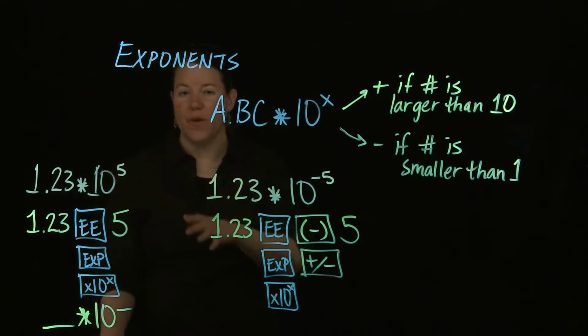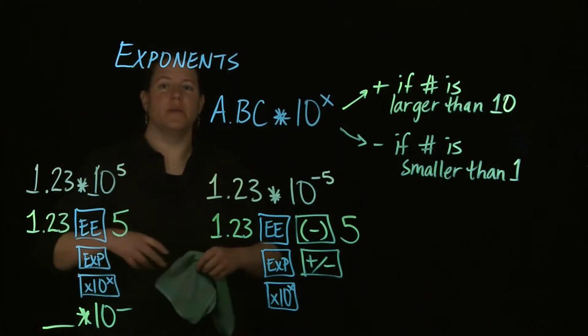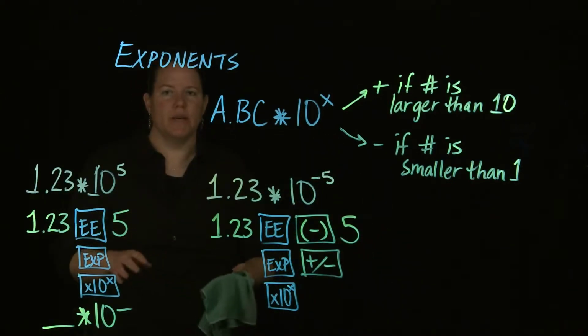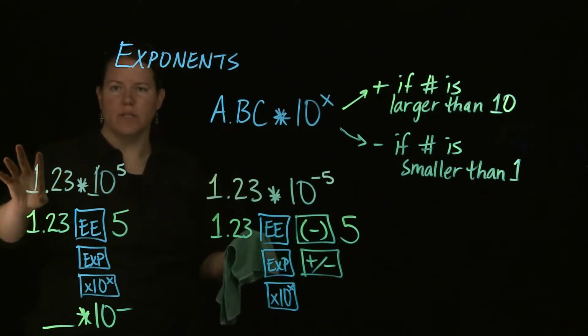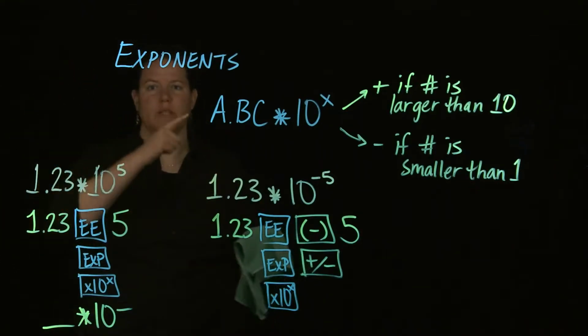This is very different than if you had some number to the power of something else. This idea of a number times 10 to a power is very different than just the number to the power.